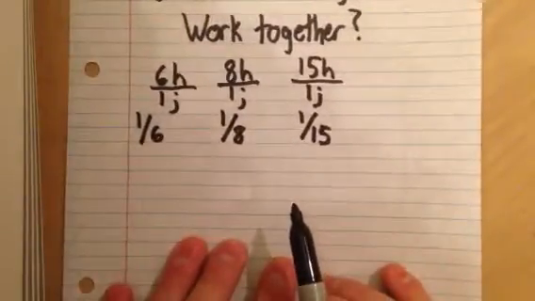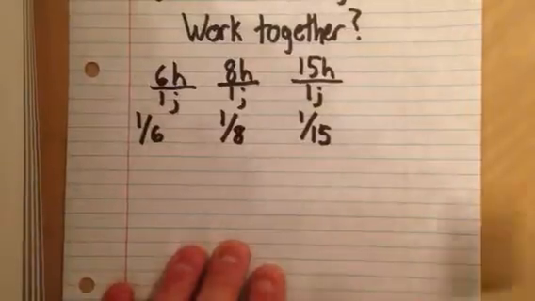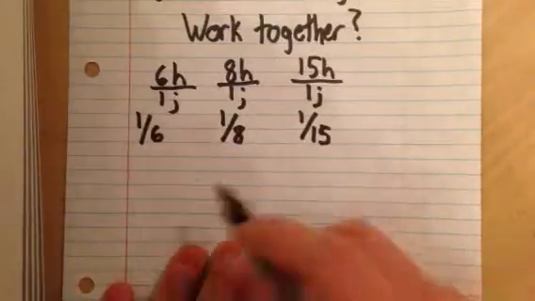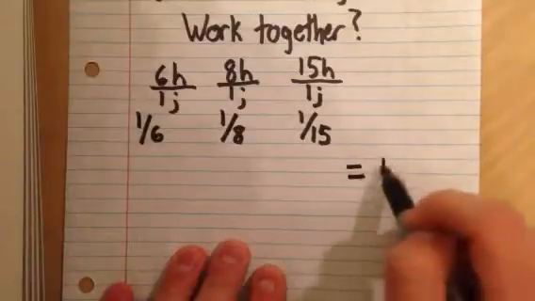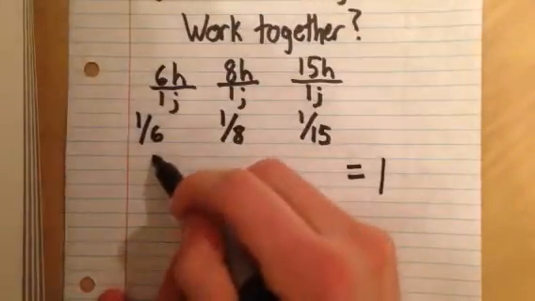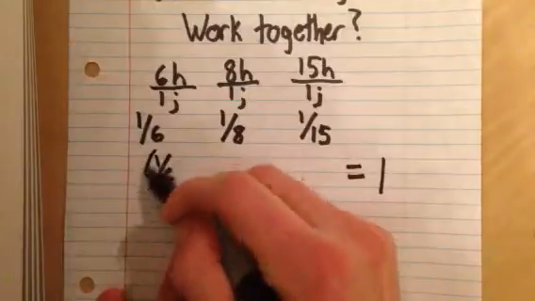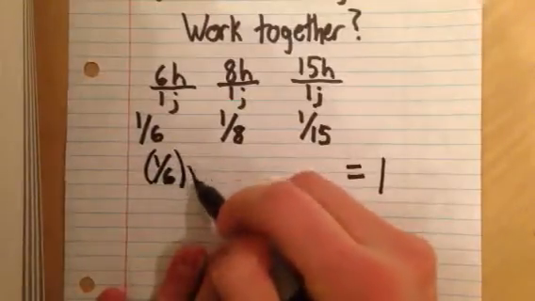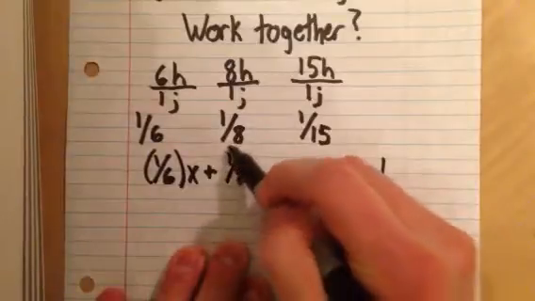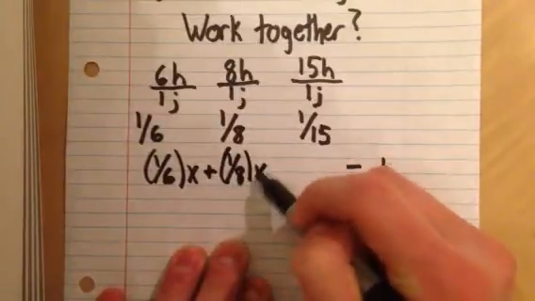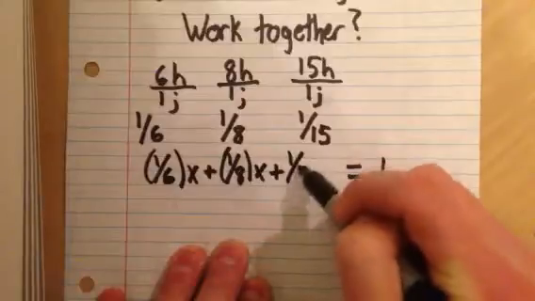So what we can do is say, okay, we want to complete one job, so we'll set this equal to 1. We'll take 1/6 times the number of hours total, because we don't know that, plus 1/8 times x, where x is the number of hours, plus 1/15 times x.